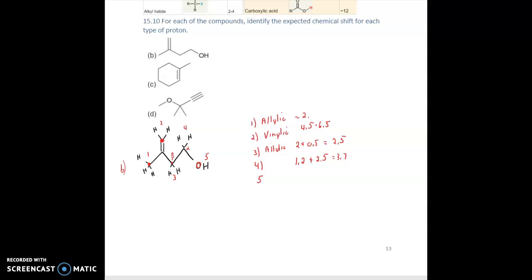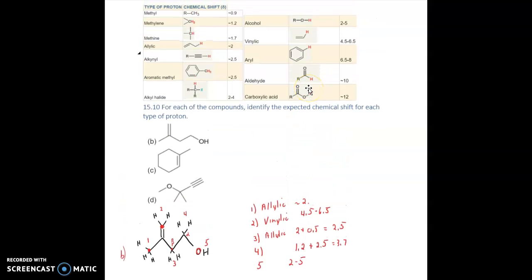From our table, we see that that should be between 2 and 5. It's a pretty big range. But I'm just reading that off the table that's right up here. Alcohol. And I also got the vinylic here, and I got the allylic there.